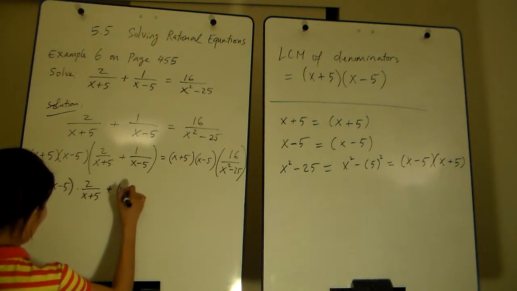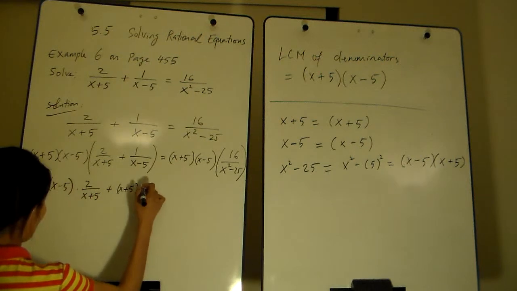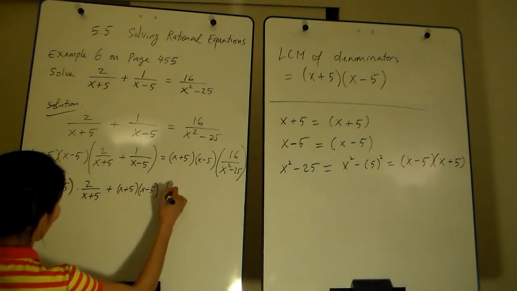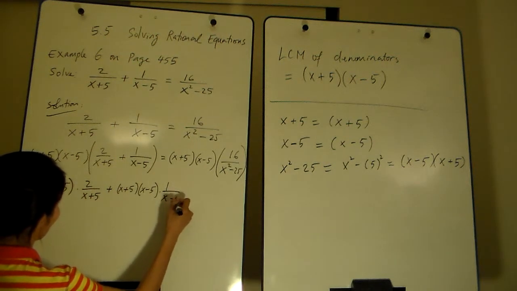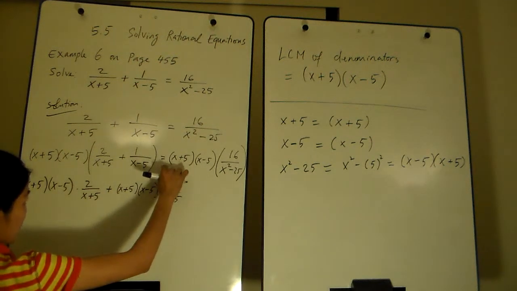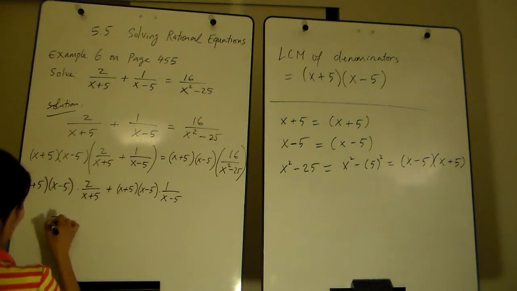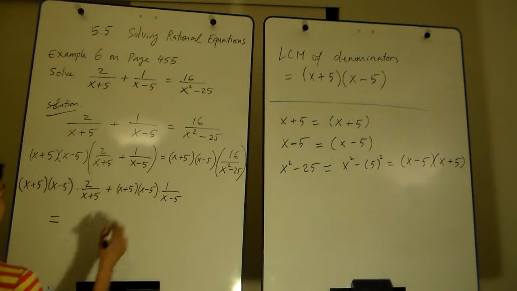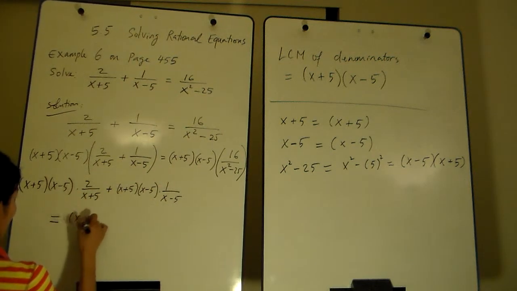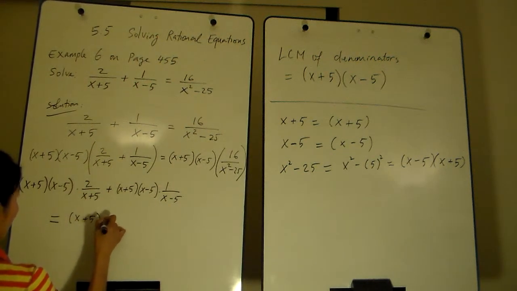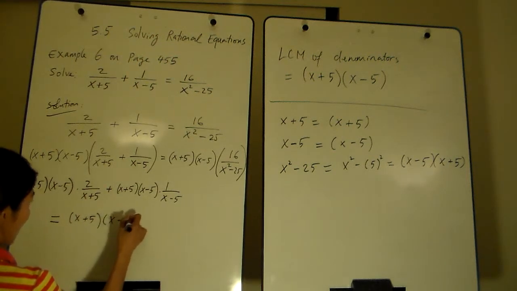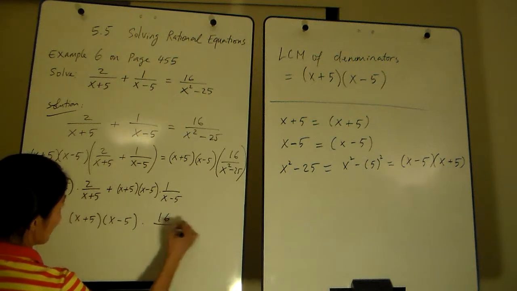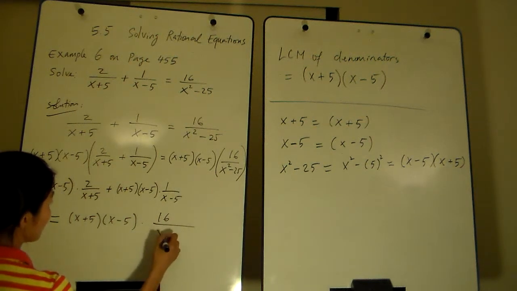So you have x plus 5 times x minus 5 times this second term, which is 1 over x minus 5. Now this equal sign, I run out of space, so you write the equal sign below here. So distribute, you have x plus 5 times x minus 5 times this factor, which is 16 divided by x squared minus 25.